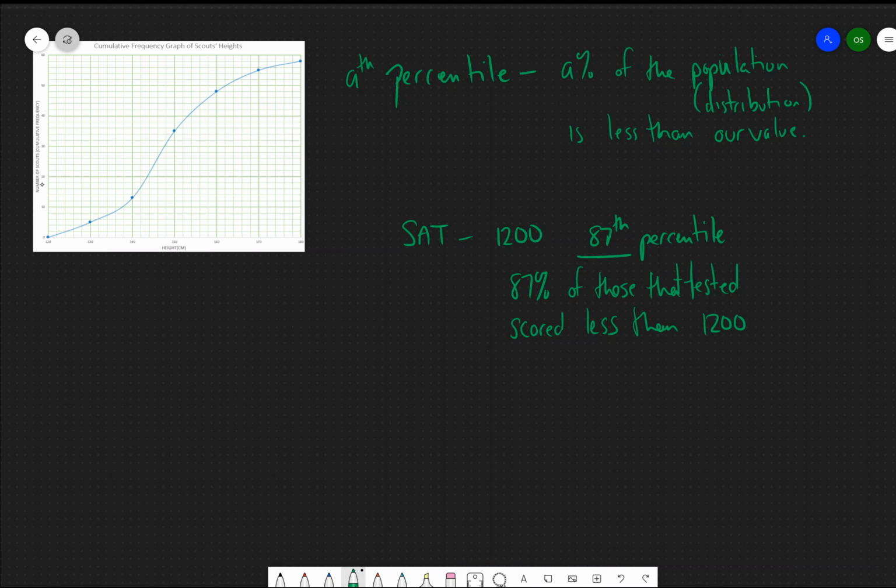You'll notice here it says number of scouts, so we have cumulative frequency. Height is along the x-axis and number of scouts is over here on the right.